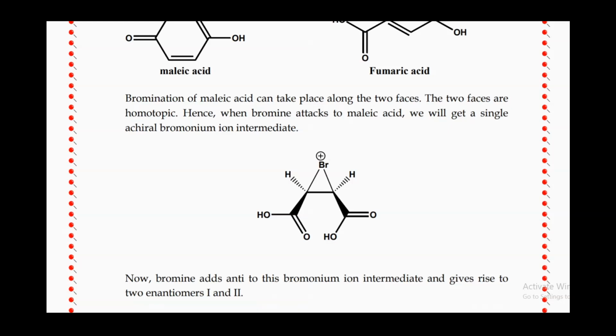These two faces are homotopic in nature, so bromine can give rise to the formation of a single achiral bromonium intermediate, as you can see in this case. This is a bromonium intermediate being generated due to bromination of the maleic acid.